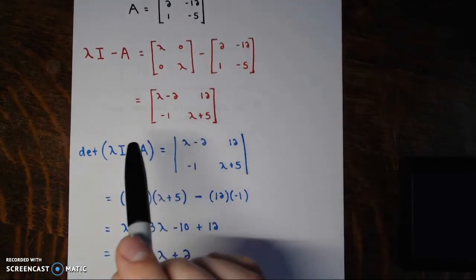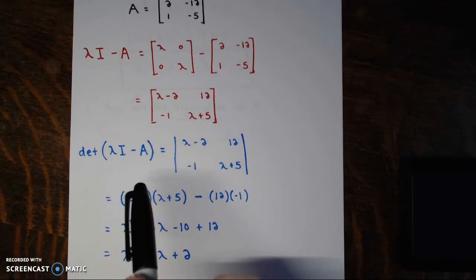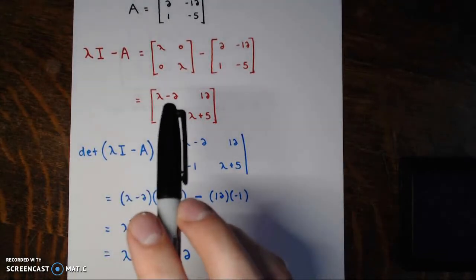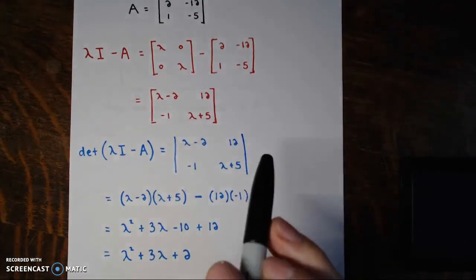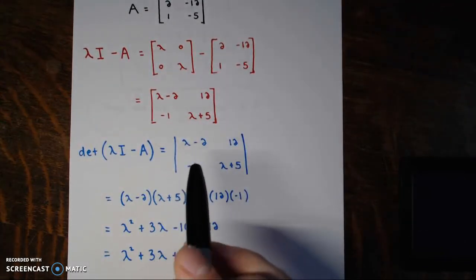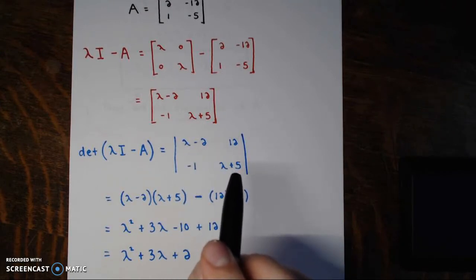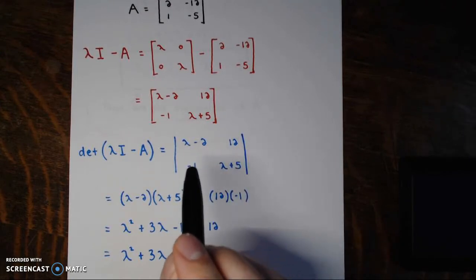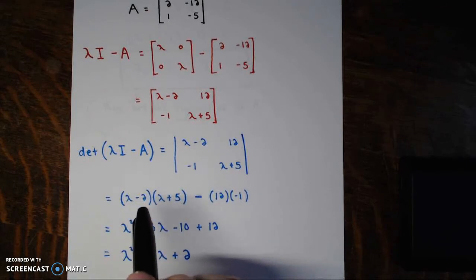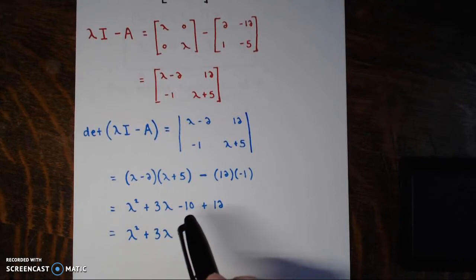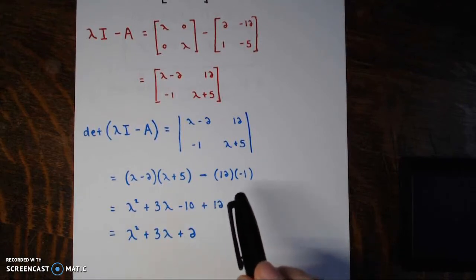Alright, then we want to find the determinant of this and determine where it's equal to 0. The determinant of this 2 by 2 matrix is the difference of the cross products: lambda minus 2 times lambda plus 5 minus 12 times negative 1. So you're getting here lambda squared plus 3 lambda minus 10, and then plus 12.